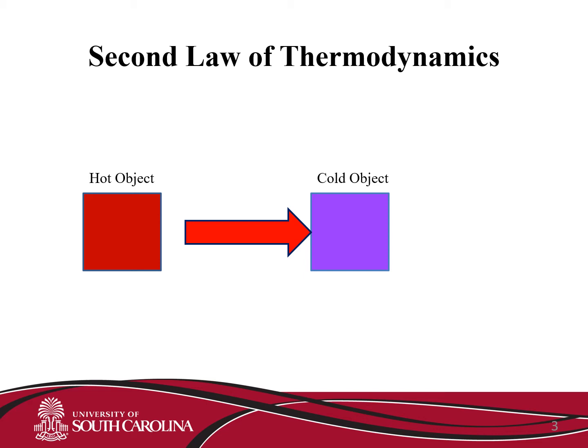They exchange heat energy until they reach thermal equilibrium, with the hot body cooling down and the cold body warming up. This is a natural phenomenon we experience all the time.